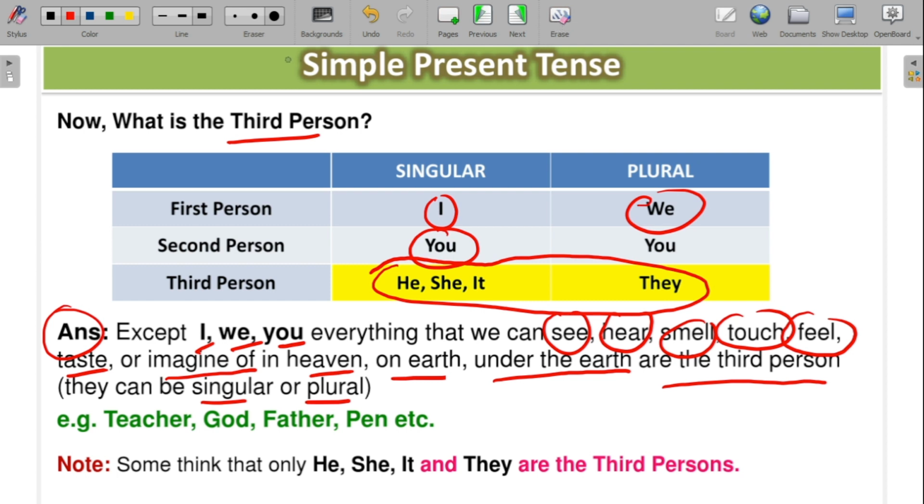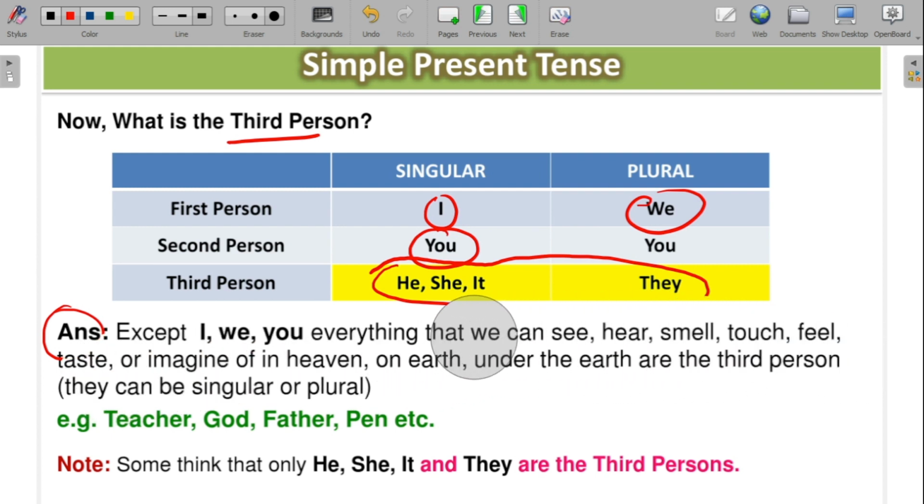Once again, let me tell you this. Except I, we and you, everything in this world, on this earth, in the universe, in heaven or on earth or under the earth, everything that we can see, hear, smell, touch, feel, taste or imagine is third person, and that can be singular or plural.